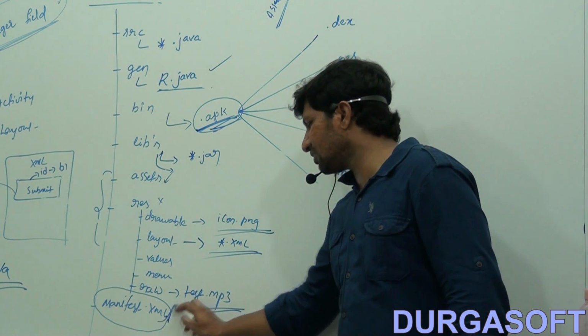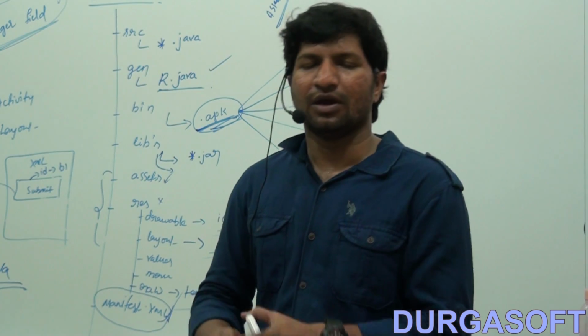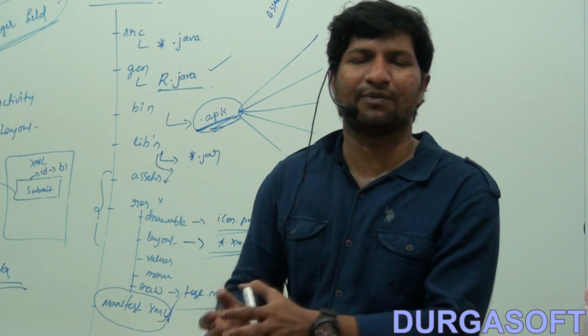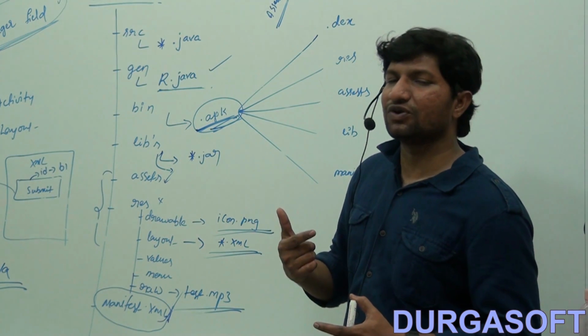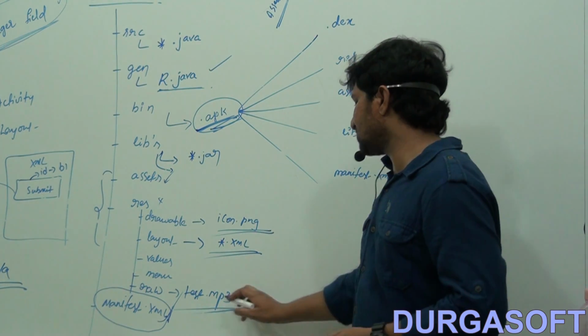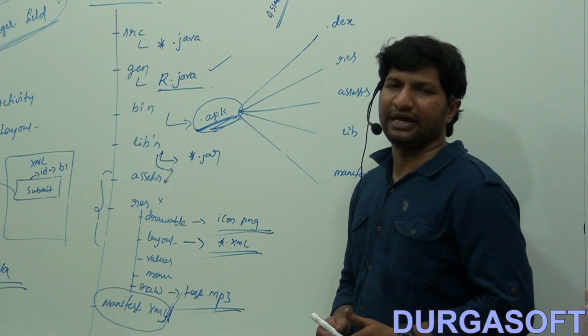That file is the manifest.xml file. Android first reads it before installing and starting the application.